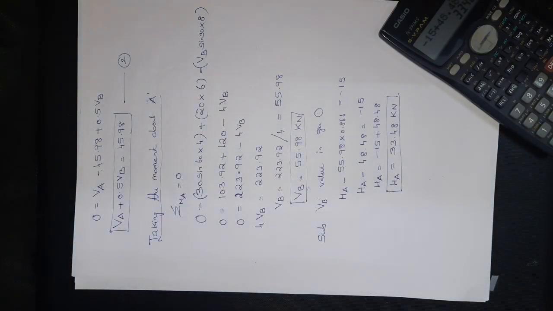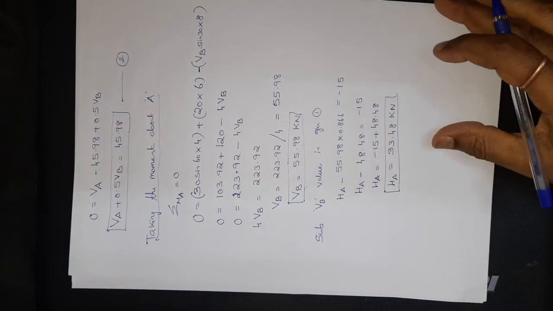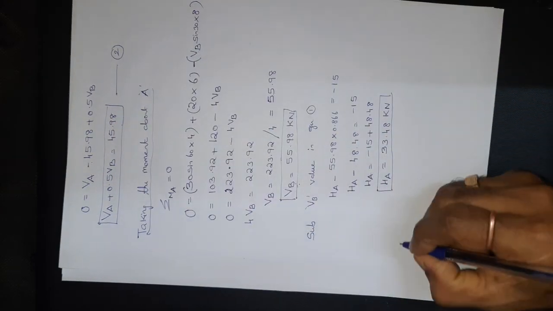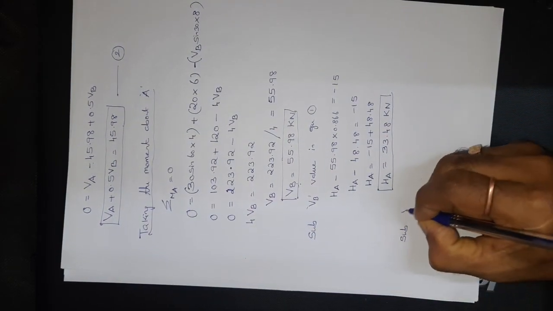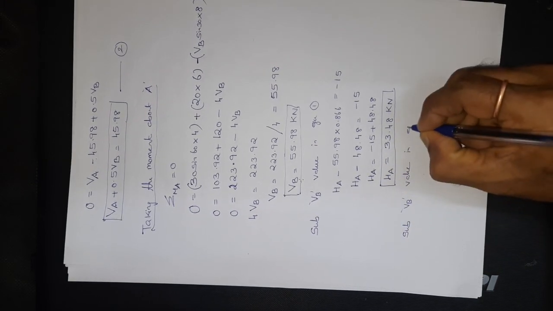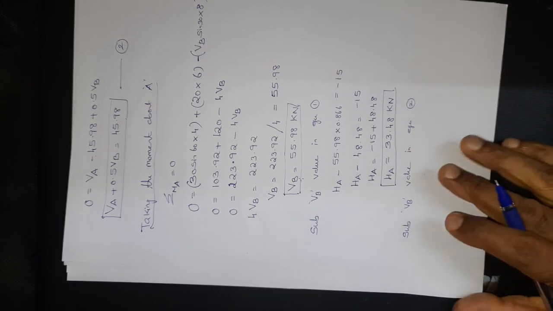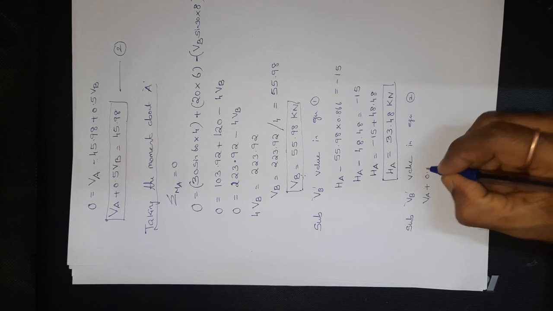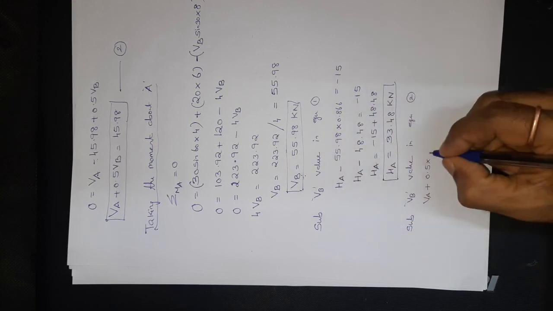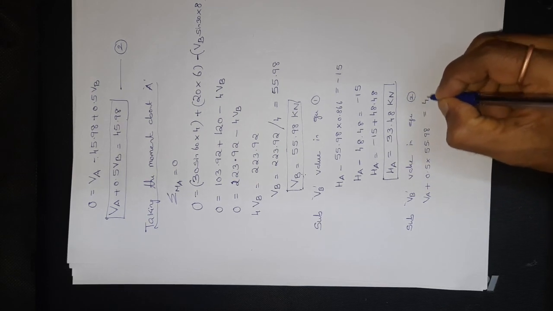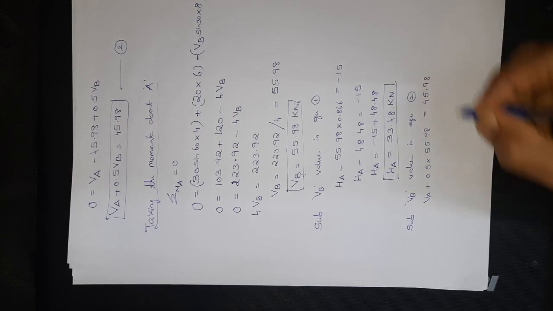Fine. So now I'm going to substitute this VB value in equation number 2. Substituting VB value in equation number 2. So VA plus 0.5 into VB, which is 55.98, equal to 45.98.